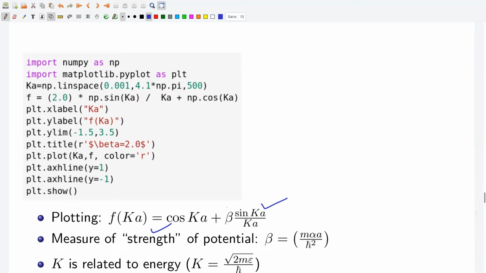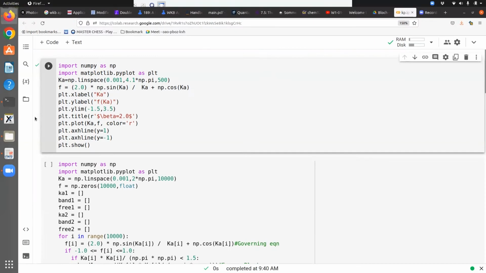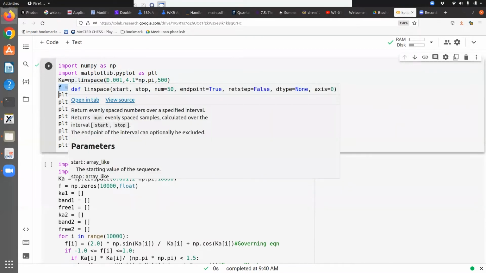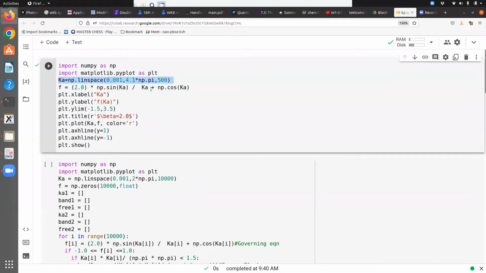We are going to plot f of Ka for different values of beta. The function to be plotted is defined here in the code. The value of capital K times a is varied from 0 to 4 pi.